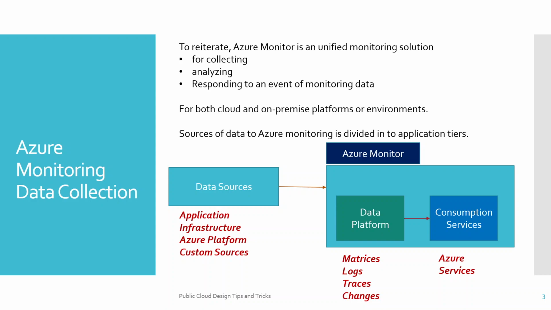It collects data and then it lands into Azure Monitor, and within Azure Monitor, it is again divided into two building blocks. The data platform consists of metrics, logs, traces, and changes, which we'll be discussing later, and the consumption services, from where this monitoring data gets consumed. Those are different Azure services that we will also discuss later.